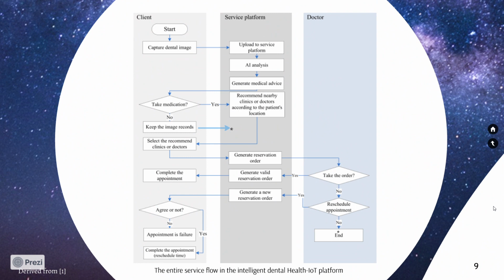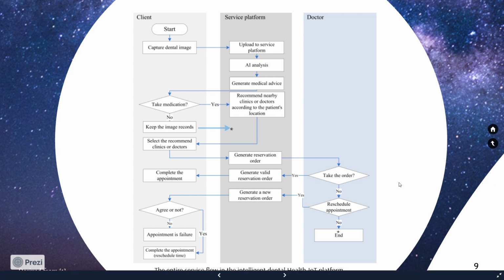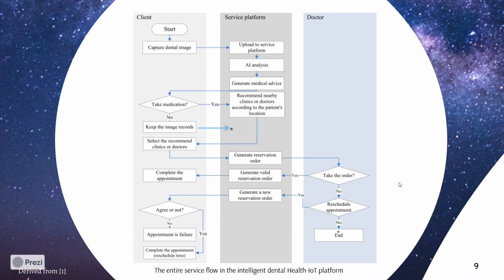It captures the dental image, uploads it to the service platform, the AI analyzes it, generates the medical advice, and asks whether to take medication. If yes, it recommends nearby clinics or doctors according to the patient's location. If no, it keeps the image recorded and then ends the process.